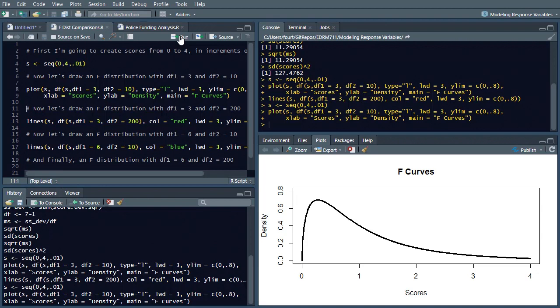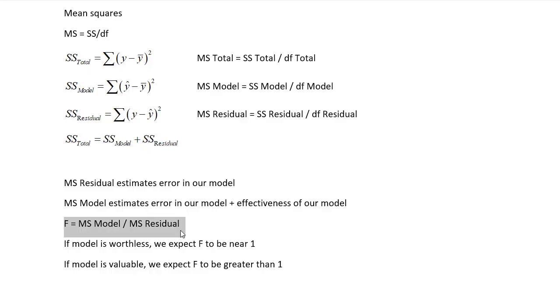This is a sampling distribution. You know that we create sampling distributions by taking repeated samples. So if we sample over and over and over again, and each time we calculate this ratio here, the mean square for the model divided by the mean square residual, and calculate the F.